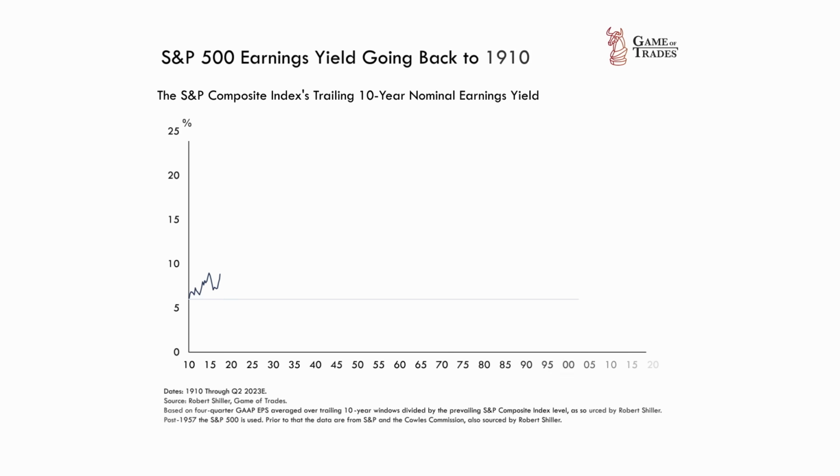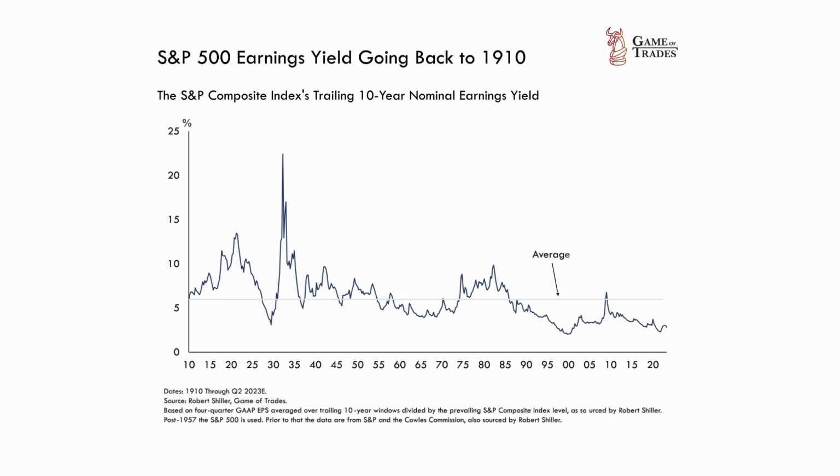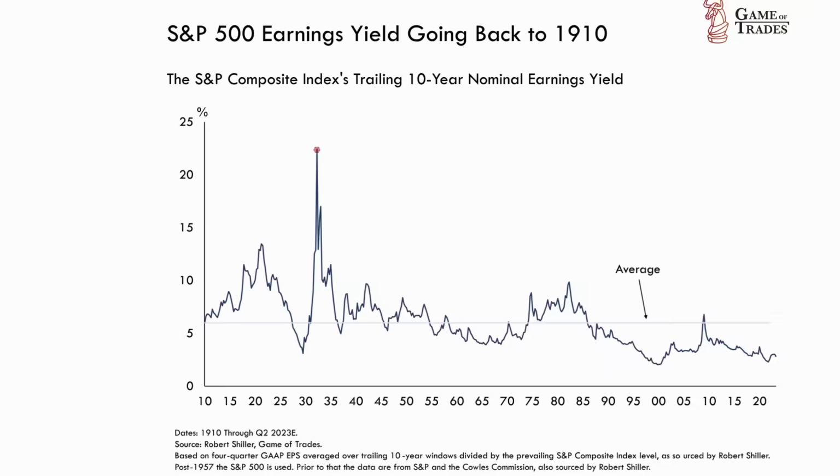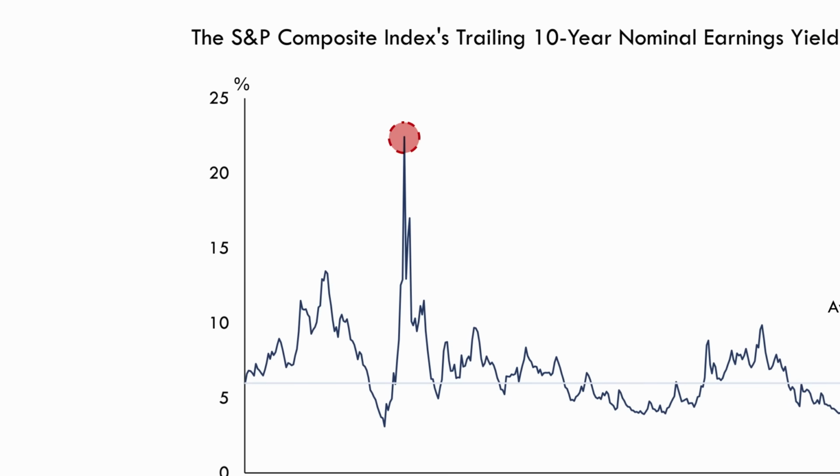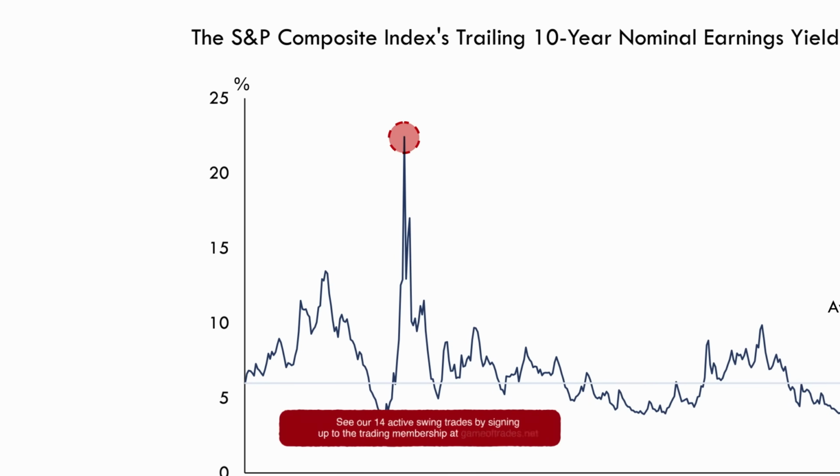And we actually have data on the S&P 500 earnings yield going back to 1910, showing you how interesting or not interesting it's been to own the S&P 500 over time. You can see the cheapest stock market we've ever had was towards the end of the Great Depression, where the earnings yield of the S&P 500 reached a staggering 20%.